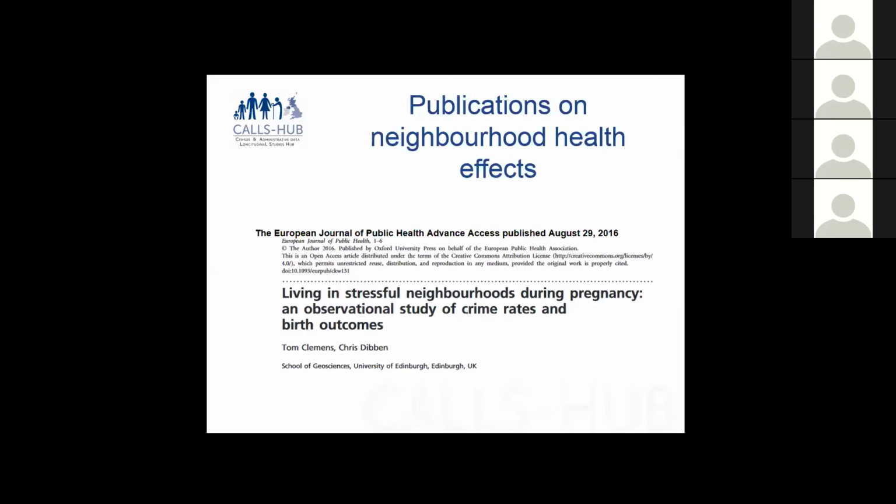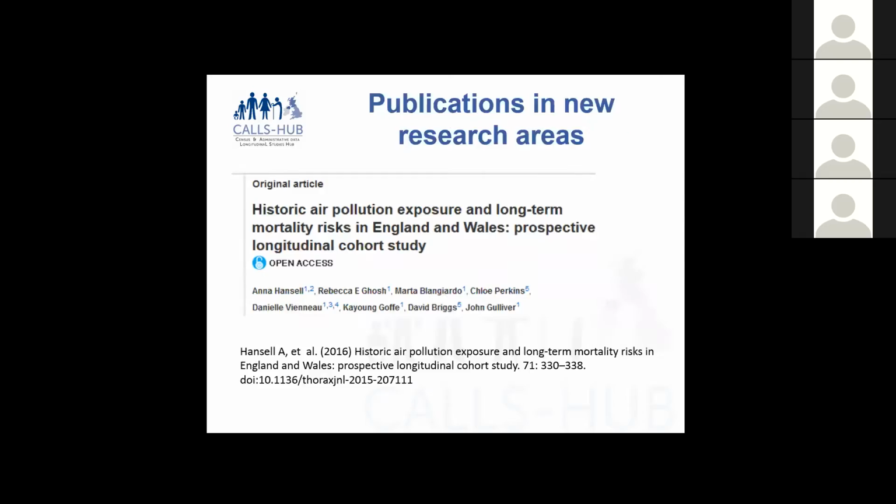So here we have work by Tom Clemens and Chris Dibben using the Scottish longitudinal study to try and link neighbourhood characteristics to birth outcomes. Or here, a new and emerging area of research. Here's a paper written by Anna Hansel. And here, the ONS longitudinal study is linked to area data on air pollution. And the aim of that study is to link air pollution to long-term mortality risks. And similar research is going on in Scotland.